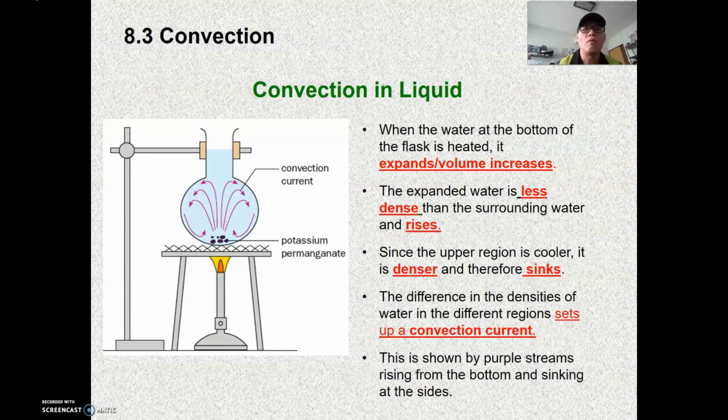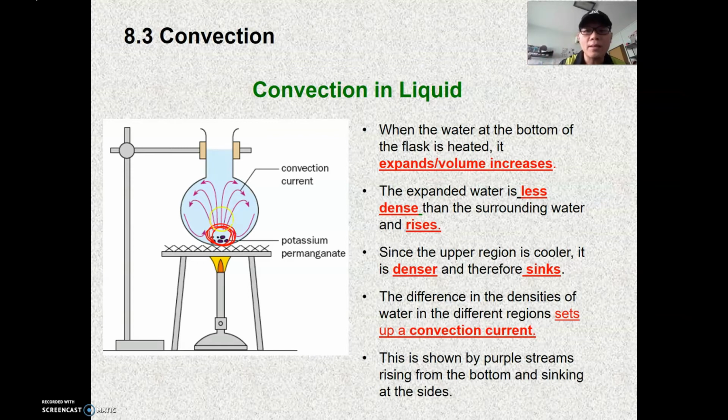Okay, convection current works through differences in density. For example, the water at the bottom area, when it's being heated up, does what we learned in primary school, our grade 4 or grade 5 science. It tells us that all metals upon heating expand.